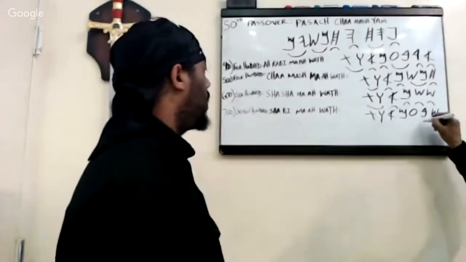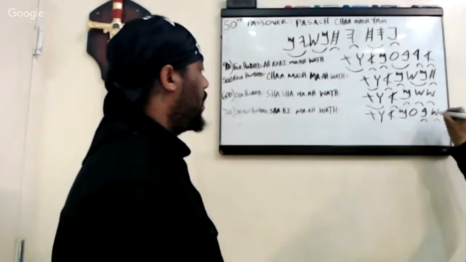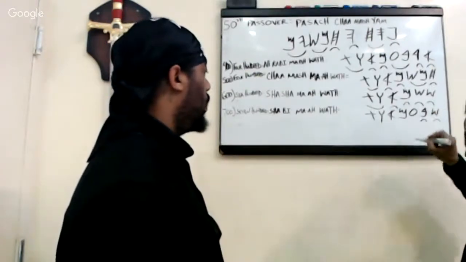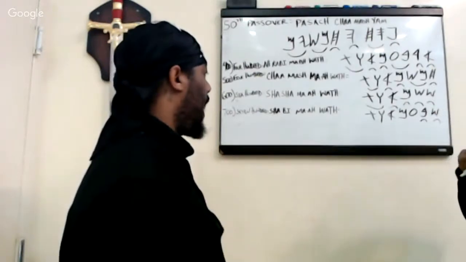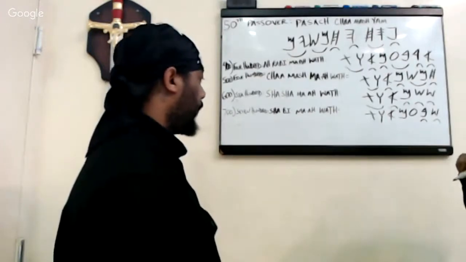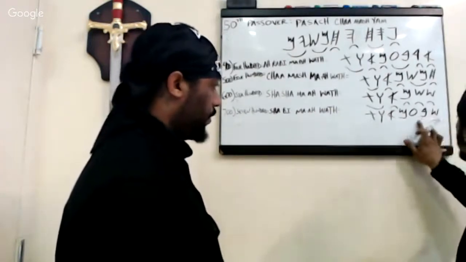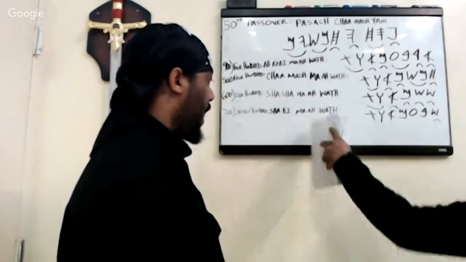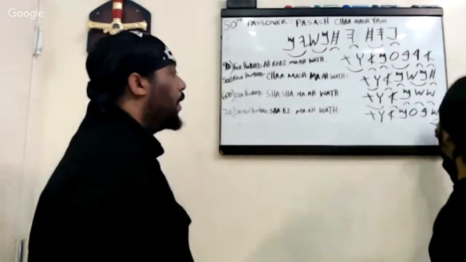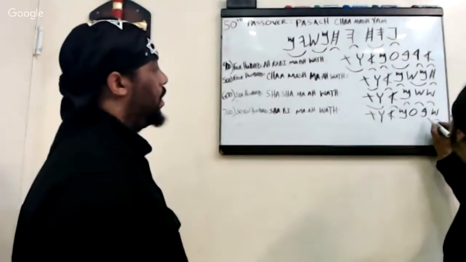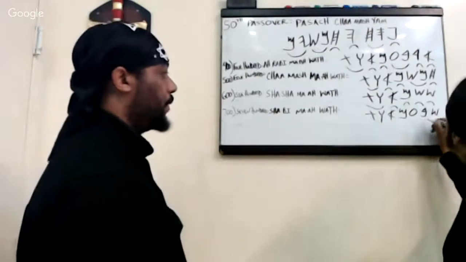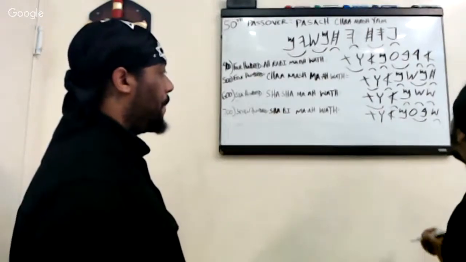Sha. Ba. Ba. What are we doing with the ba and the I? Connect. Right. Connecting the ba and the I to make what sound? Ba. Right. Ma.